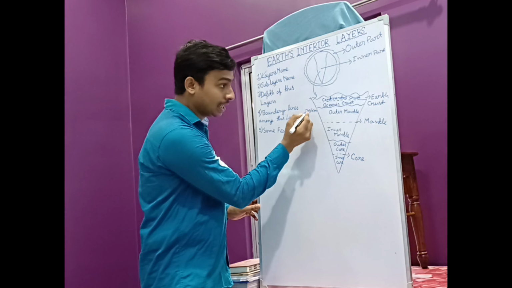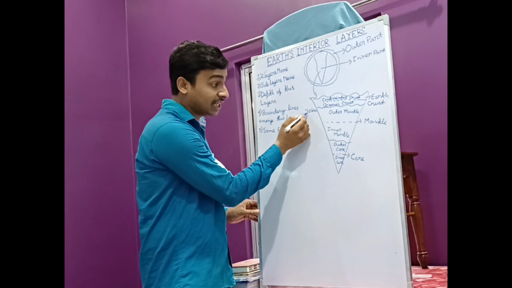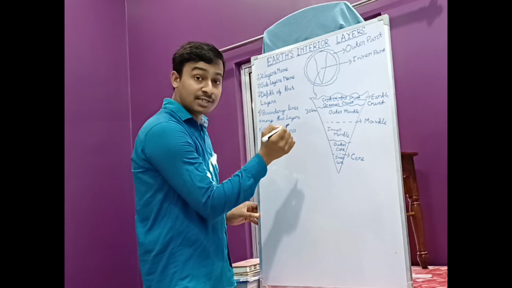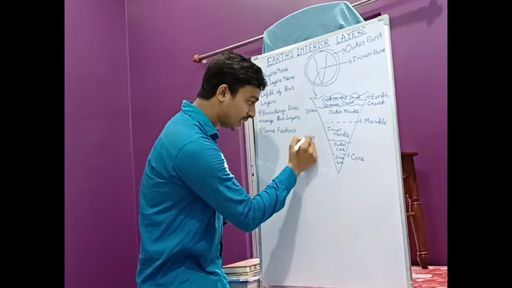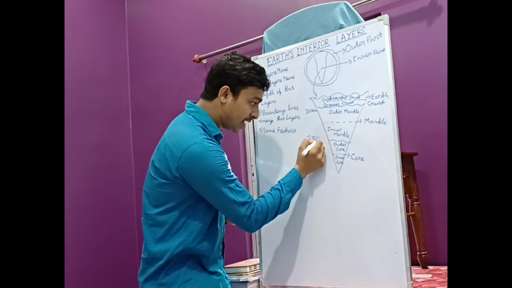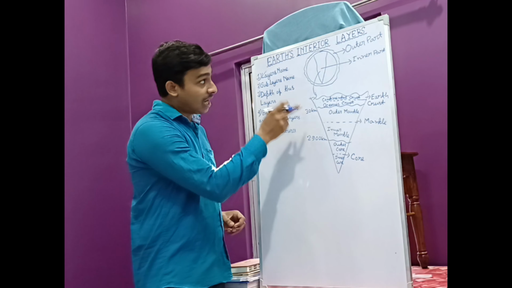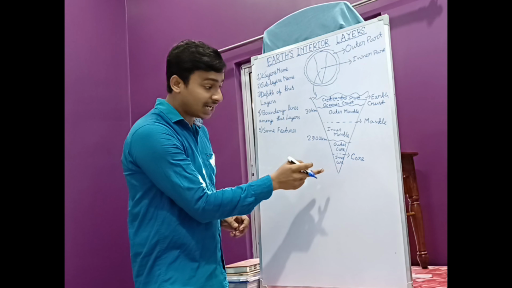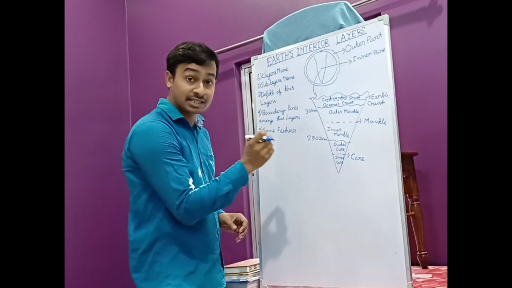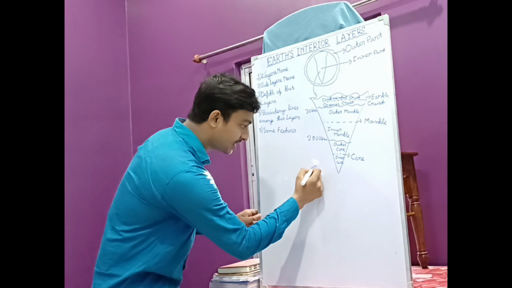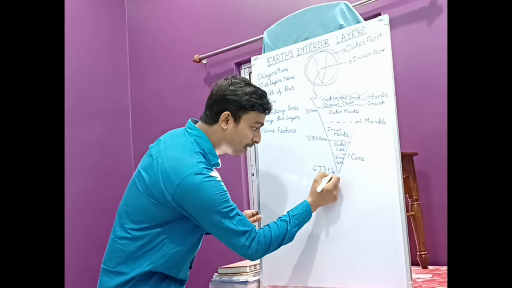Second, earth mantle is situated from 30 km to 2900 km. And earth's core area end position is situated at 6731 km.